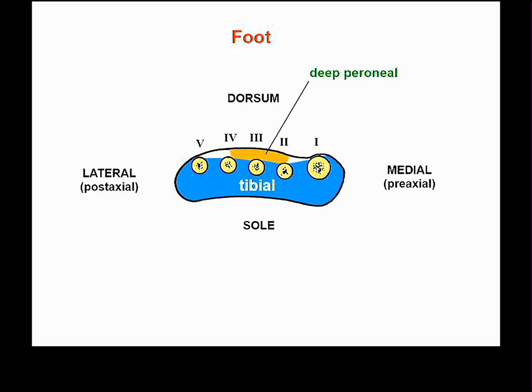But you usually don't have that, but this always exists, and therefore the radial nerve equivalent, so to speak, continues into the foot and does a muscle there. All the others are done by tibial. So essentially it's femoral, obturator, common peroneal, deep peroneal, superficial peroneal, tibial, tibial, tibial on the sole of the foot, and deep peroneal there.